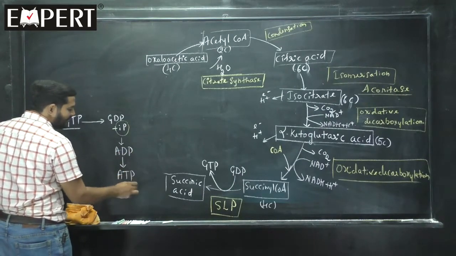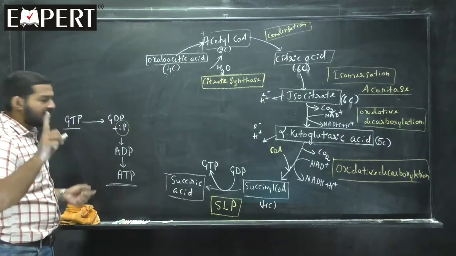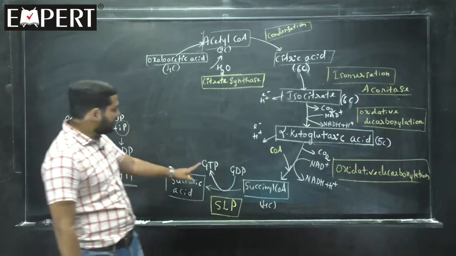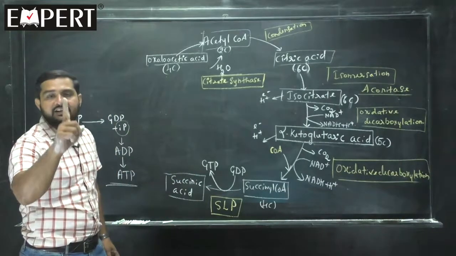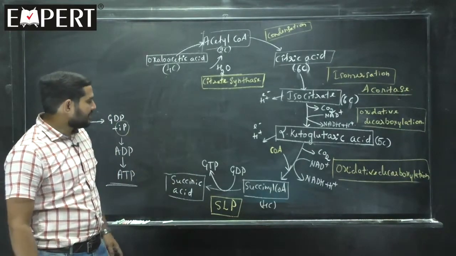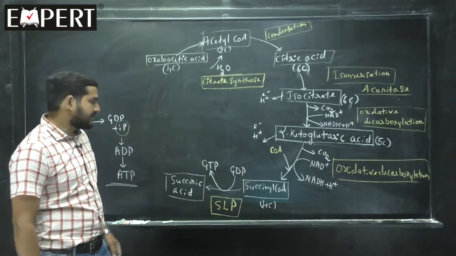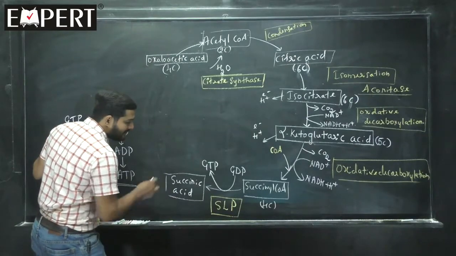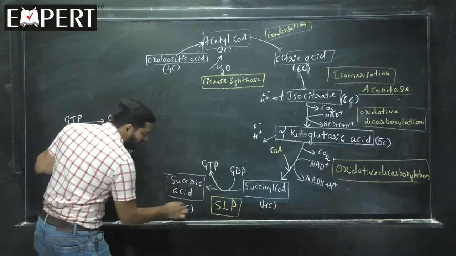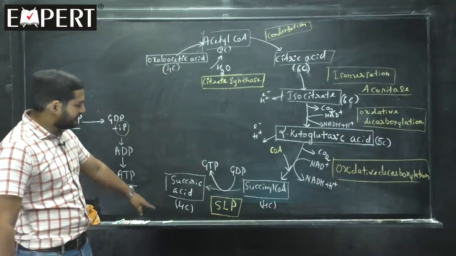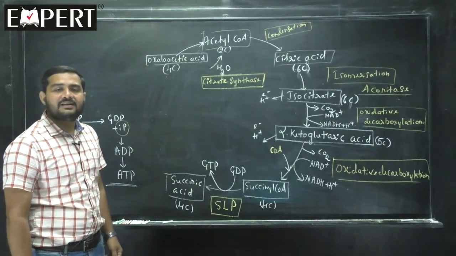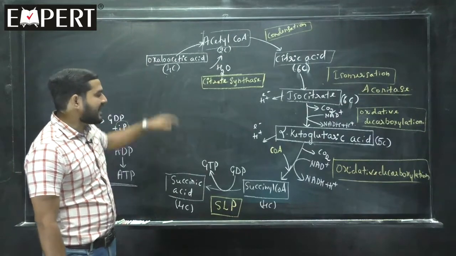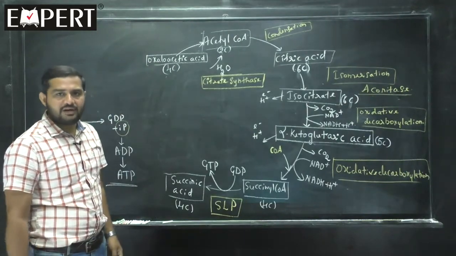That means altogether 1 GTP has formed 1 ATP. So, 1 GTP is equivalent to 1 ATP, please remember. Now, succinic acid has formed. How many carbons does succinic acid have? Because there is no decarboxylation, it has 4 carbons. One point you should remember: there cannot be a further removal of carbon dioxide, because the oxaloacetic acid to be formed later also has 4 carbons.